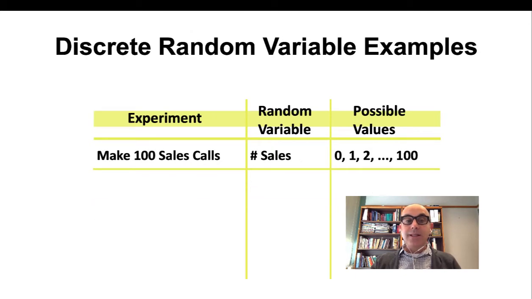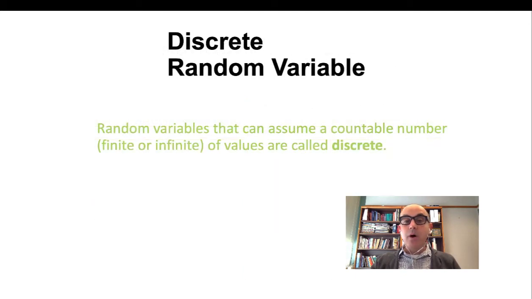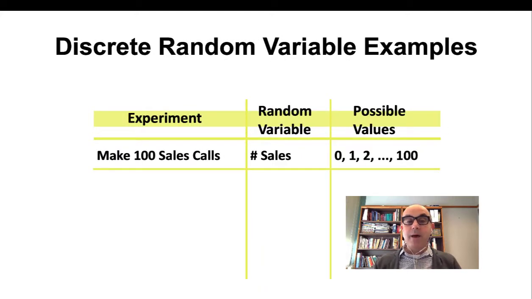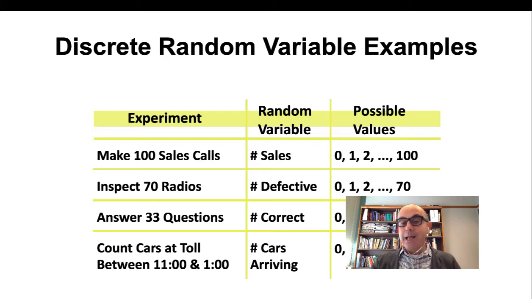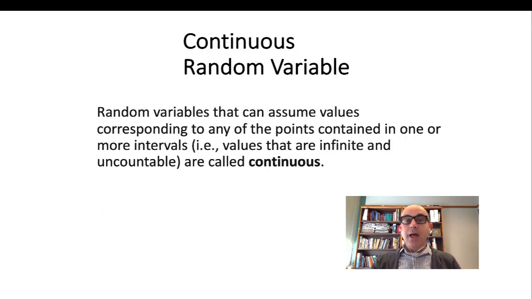In discrete random variable, we are talking about an experiment, make 100 sales calls, and we have the random variable called the number of sales, and we have possible outcomes. And this is what it will probably look like. Continuous is the idea that it's unlimited, it's uncountable.